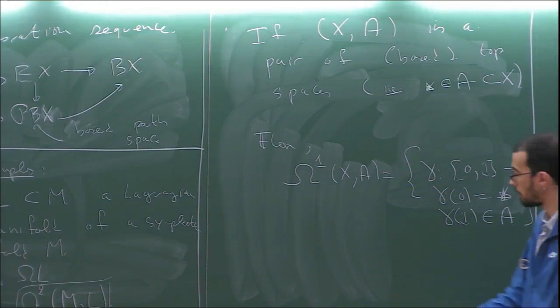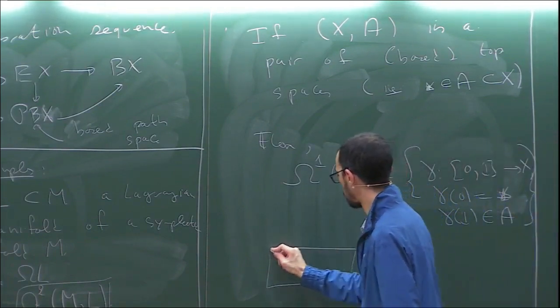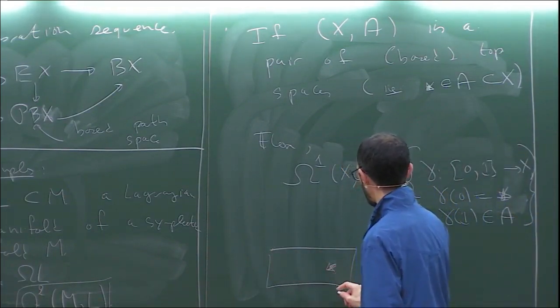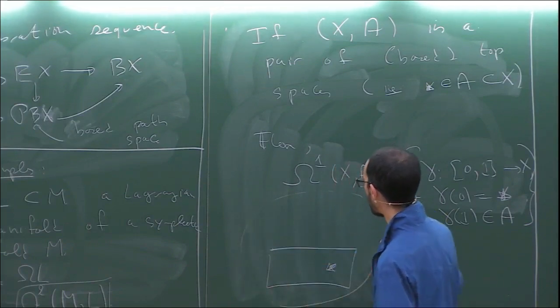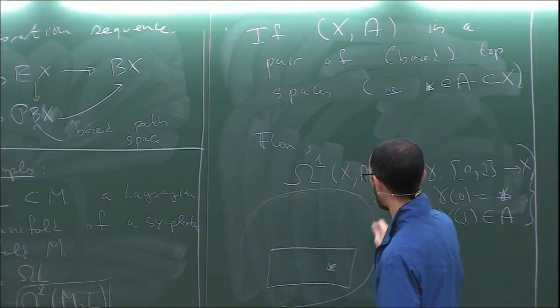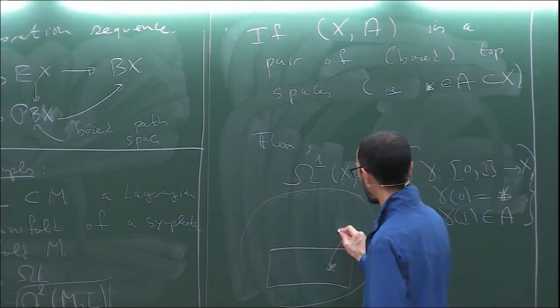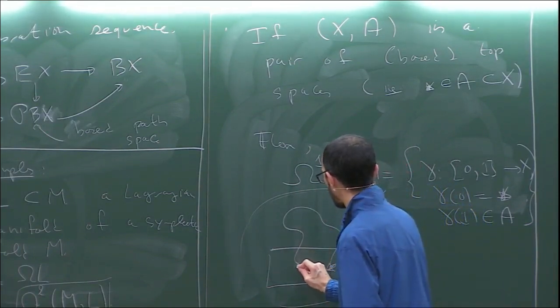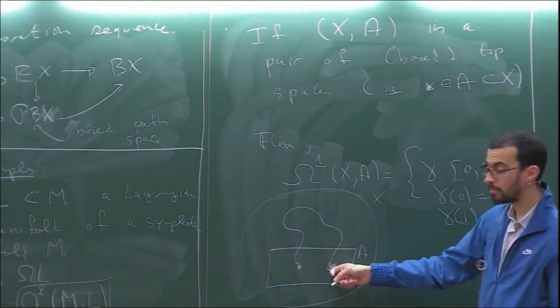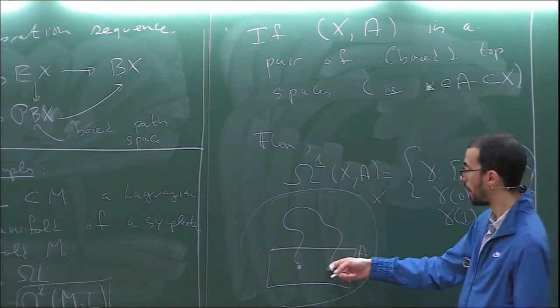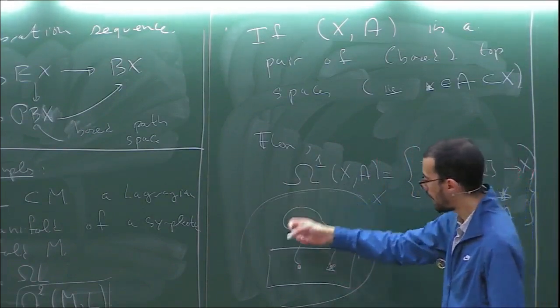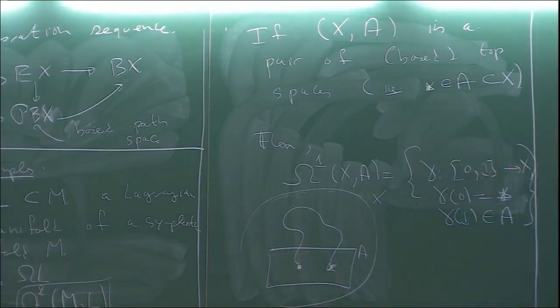So the picture is that here's the ambient space, this whole blackboard is X. This is A, it's a small subspace, this is the base point, and we're going to look at paths that start at the base point, which happens to be on A, move in the space X, and end back on A. Okay, so 1 here is just this guy.